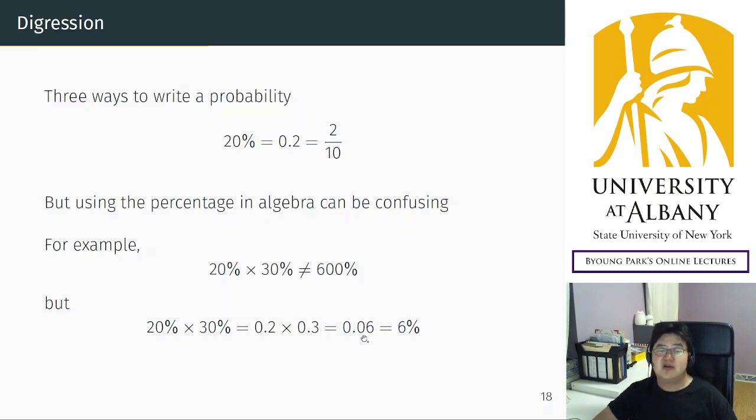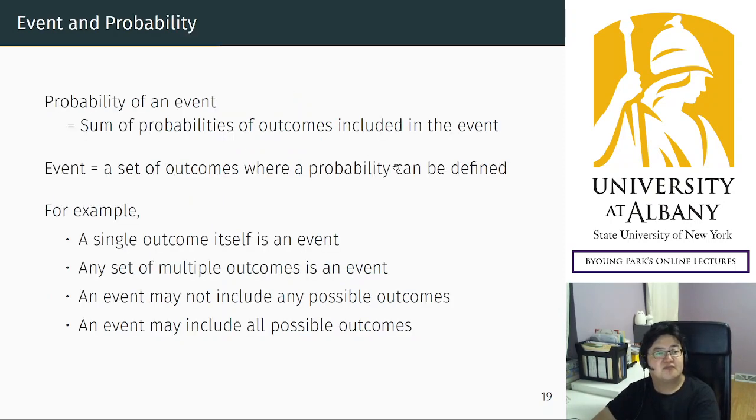They are the same thing. Both are correct probabilities. Anyhow, I will be switching between them in this course. There is no problem in saying 20% or 0.2 or 2/10. So don't be confused. I may switch between them without saying it.